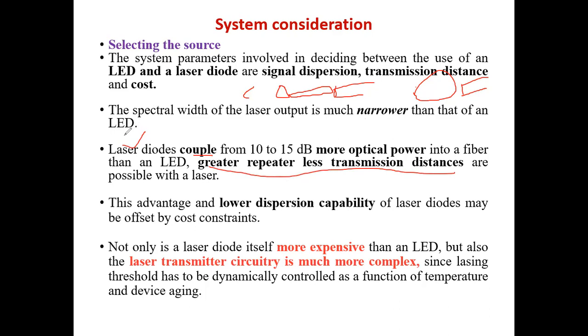The spectral width of a laser is narrow, the coupling of power is more, and the repeater distance is also more compared to an LED. Then there is lower dispersion: since I have a narrow spectral width, the dispersion losses are less in a laser compared to an LED. All these are the advantages.